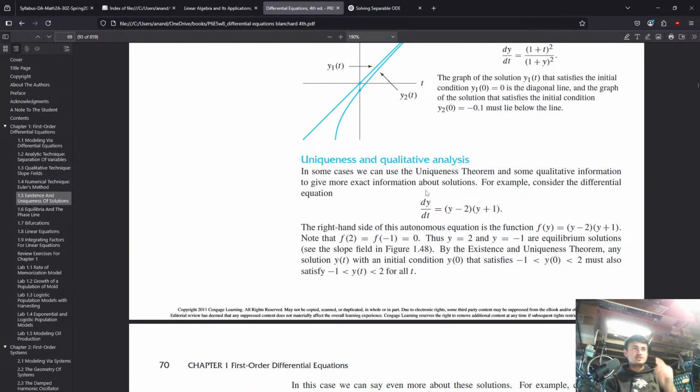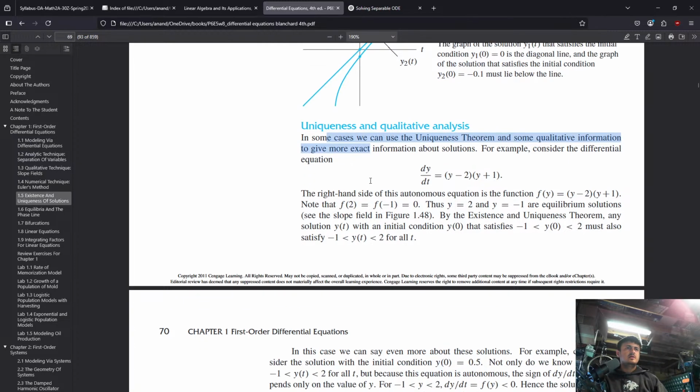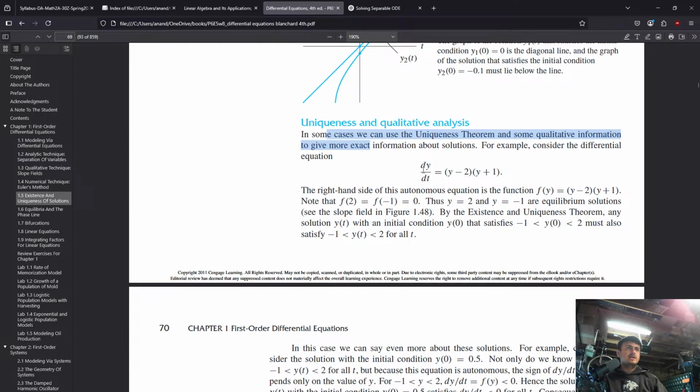Okay, in some cases we can use the uniqueness theorem and some qualitative information to give more exact information about solutions. Consider dy/dt is equal to (y - 2)(y + 1).